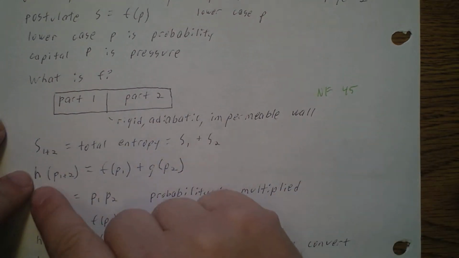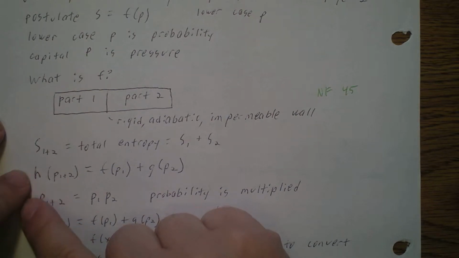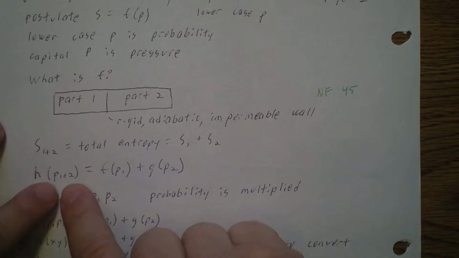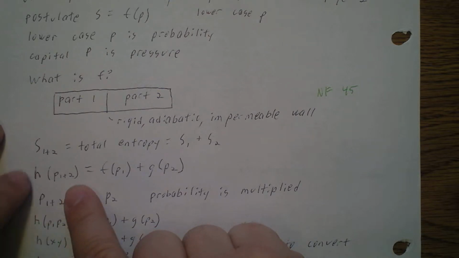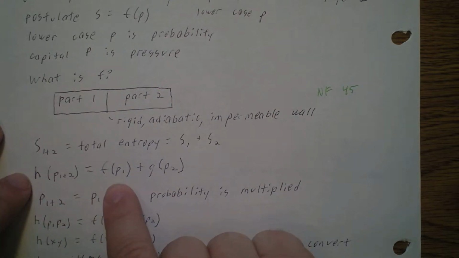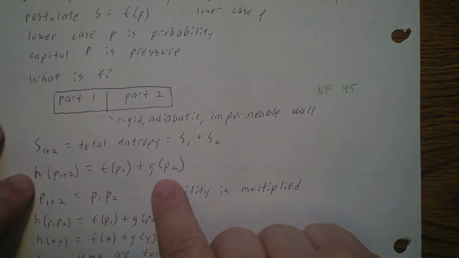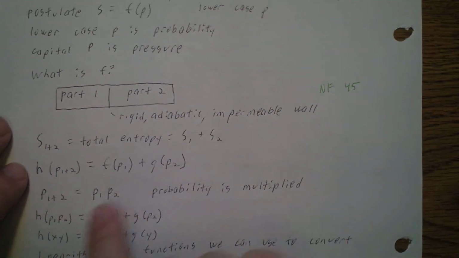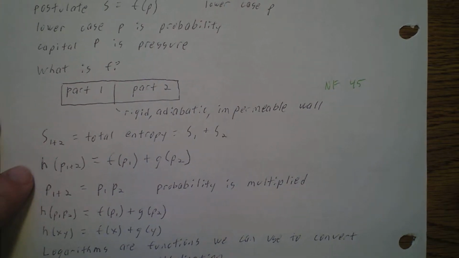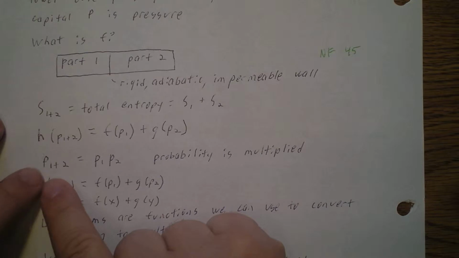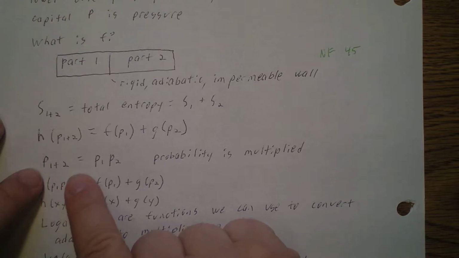Now let's say that we have a function h. So h is the probability of 1 plus 2 happening. And that's a function of probability 1 plus, or f of probability 1 plus g of probability 2. So we got these arbitrary functions just so we can keep everything straight. So remember, when you have independent events, and we talk about the probability of them both happening at the same time, you multiply the probabilities.